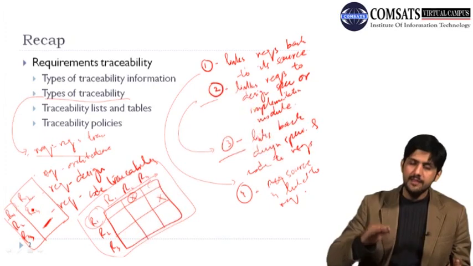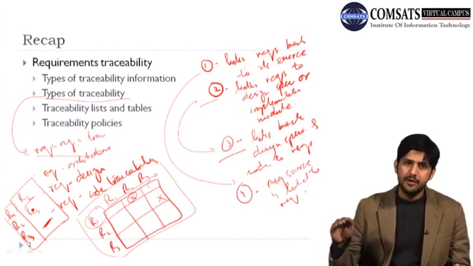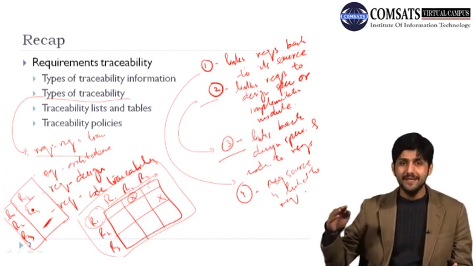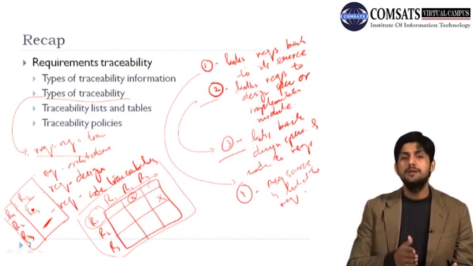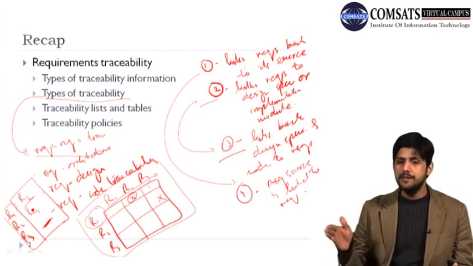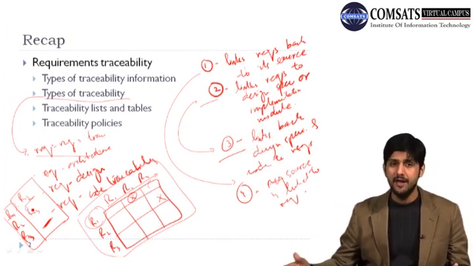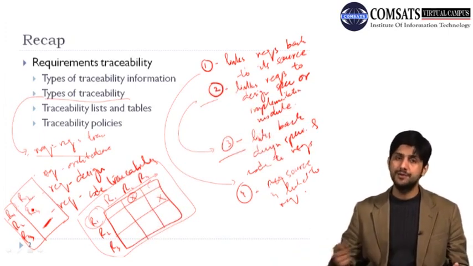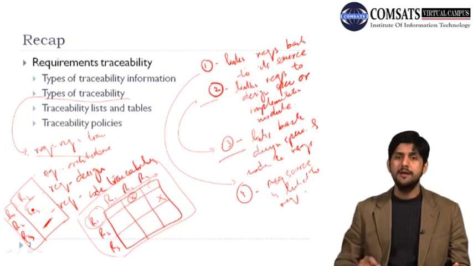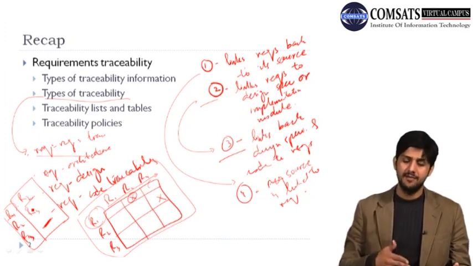But when organizations mature, or when they want to achieve higher levels of quality and be more cost effective, they would have formal traceability policies, because having formal traceability policies would mean that the roles and the responsibilities of those roles are clearly defined. So they clearly know which activities they have to perform in order to be more cost effective.